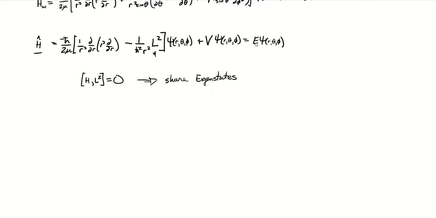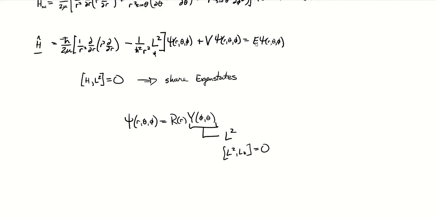So we know that the eigenstates of our angular momentum squared operator give us the angular eigenstates of our hydrogen atom, right? Remember, we have that wave function in spherical coordinates that we have separated into a radial part and an angular part. These are going to be the eigenfunctions of our L squared operator. And since we also know that the L squared operator commutes with our Z component operator, or actually any of the component operators, they're also going to be eigenfunctions of the L sub Z operator.